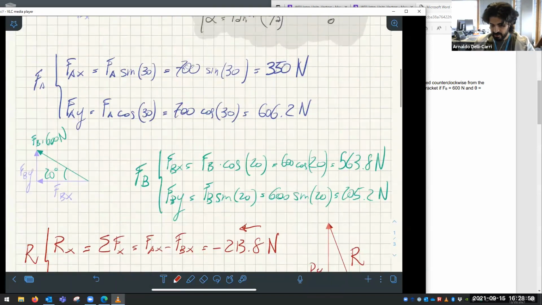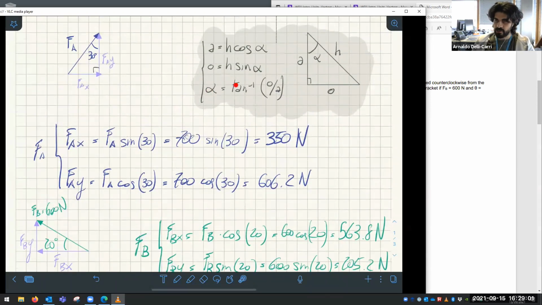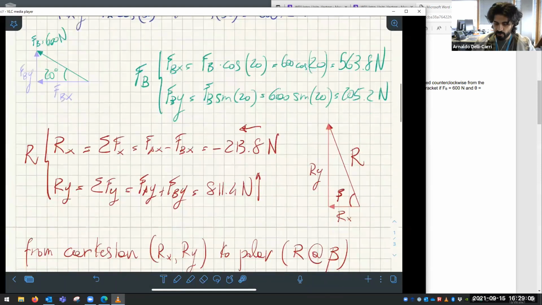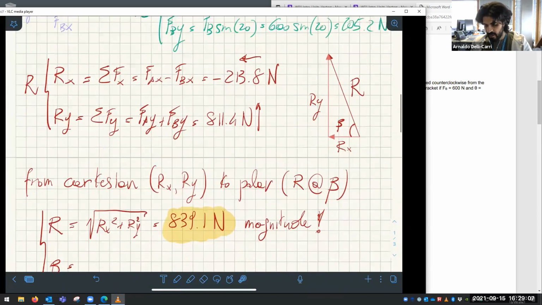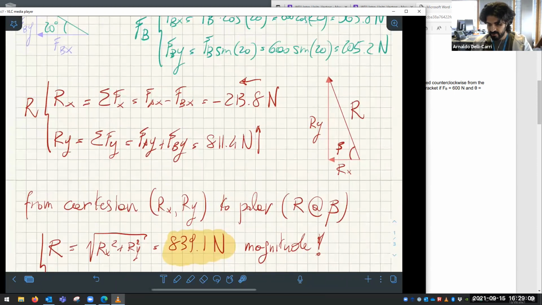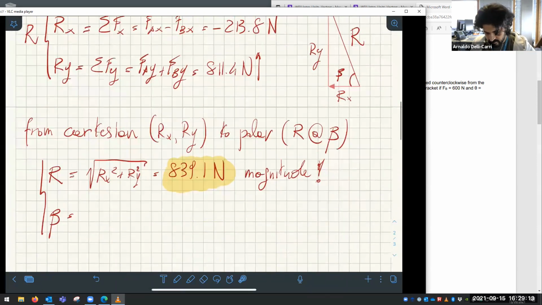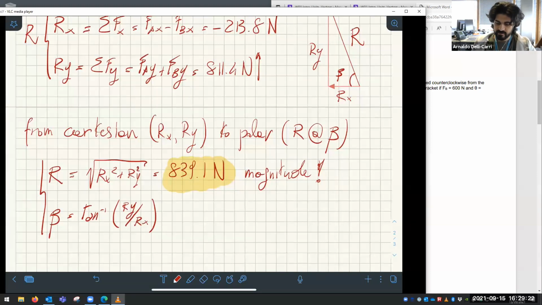The angle is the arctangent of opposite divided by adjacent. The opposite is Ry, the adjacent is Rx. So beta is the arctangent of Ry divided by Rx.